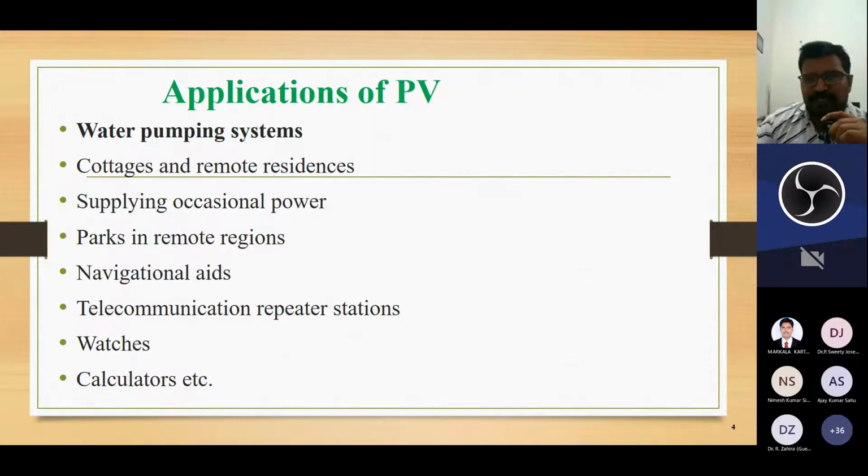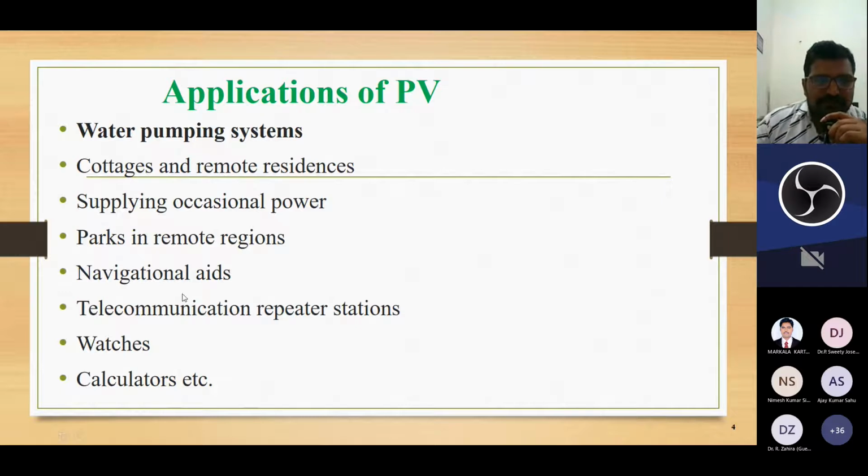So what are the various applications of the PV power system? We are already aware that one of the applications of PV power generation is the water pumping system, where many panels are connected and used for water pumping. Also in remote locations, where we cannot access the grid, we can go for the PV power supply for electric power generation in a remote residence.